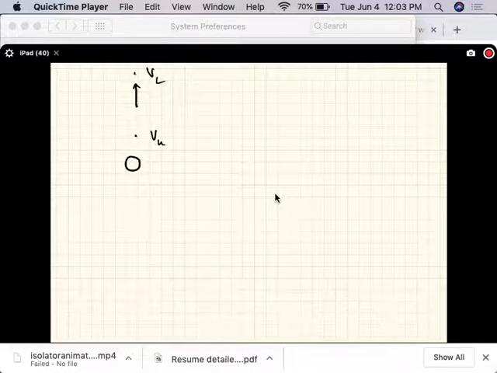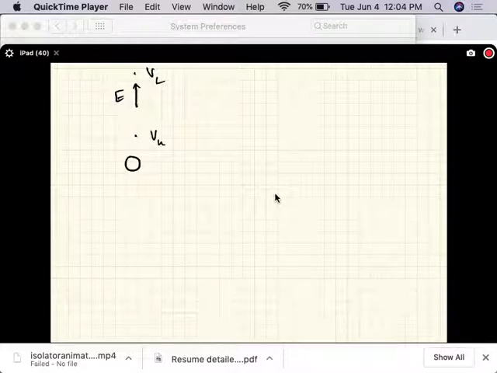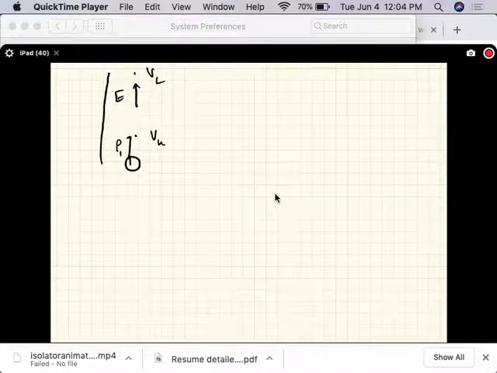Electric fields point in the direction of decreasing potential. So we'll find the potential difference between 2 points here. We'll call this distance rho 1, and this distance rho 2, and they're all measured from the center of the pipe.